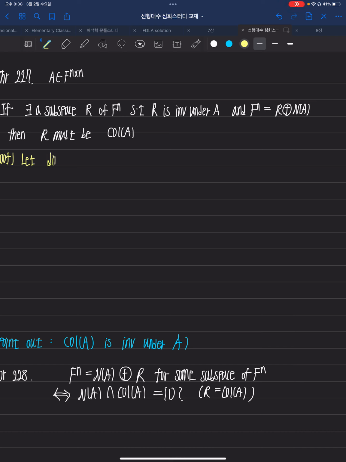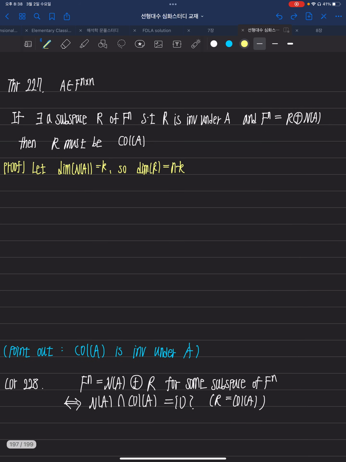Let the dimension of N(A) be k. Okay? So the dimension of R is n minus k. Why? Because of this.